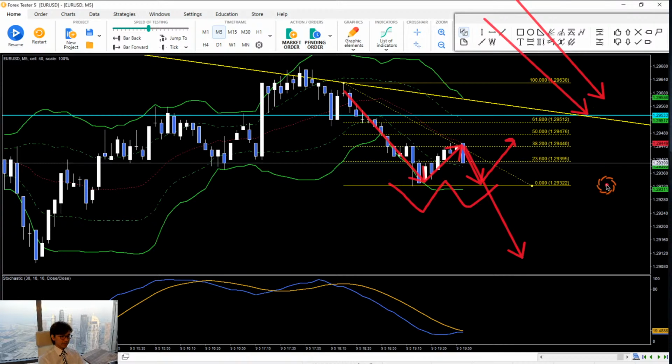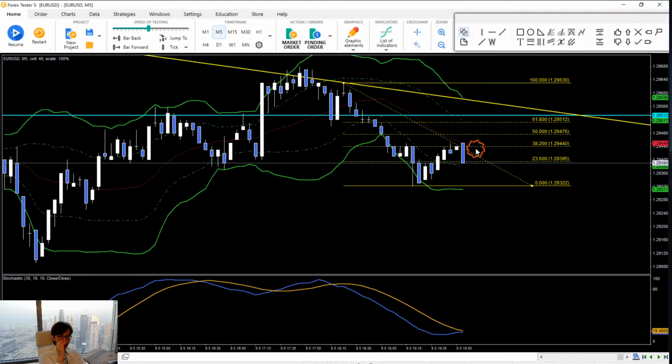So here we have one confirmation: the market bounces by the Fibonacci level, 38.2%. Also something that I use is the counter trend line. I draw the counter trend line this way.